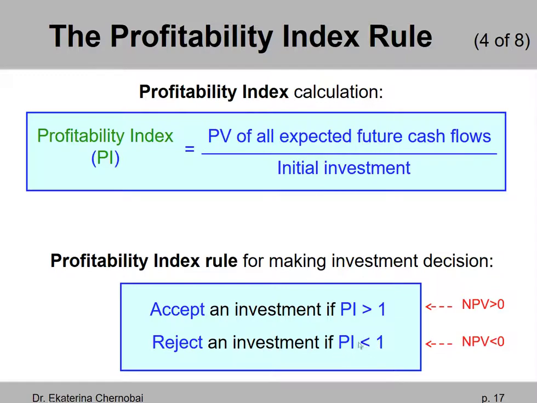And that's when for every dollar you invest, you get less than $1 back. So maybe nothing back, maybe 1 cent back, right? So it's always between 0 and 1 for the rejection interval. And in this case, the net present value, if that's what you calculate instead, is always going to be a negative number.